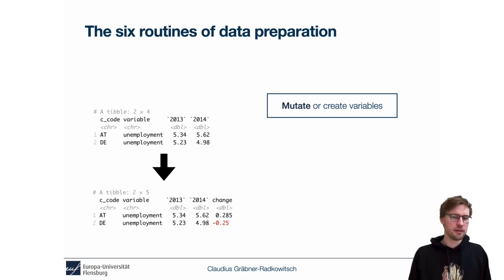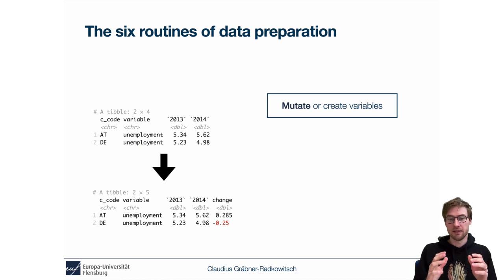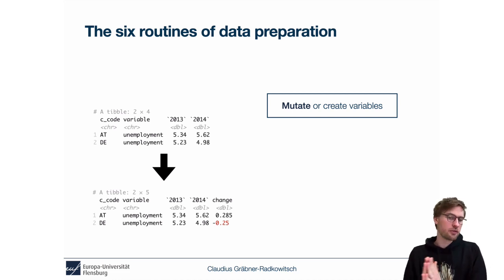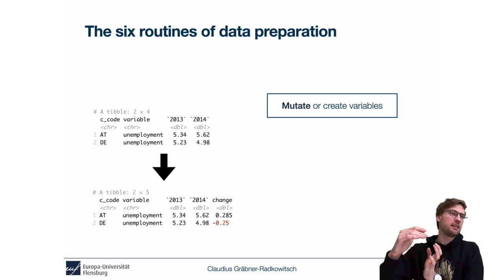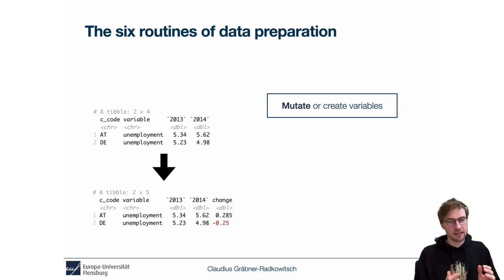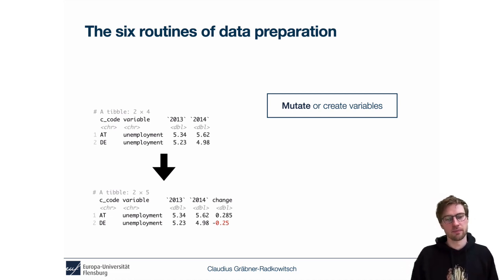This is actually a nice example where you see, okay, maybe to reach the final data set you might want to turn a messy data set into another messy data set, namely a data set where actually the columns refer to points of observation. Then you create a new variable that corresponds to changes, and then you make the data set tidy in the sense that in this case you remove the columns referring to the years.